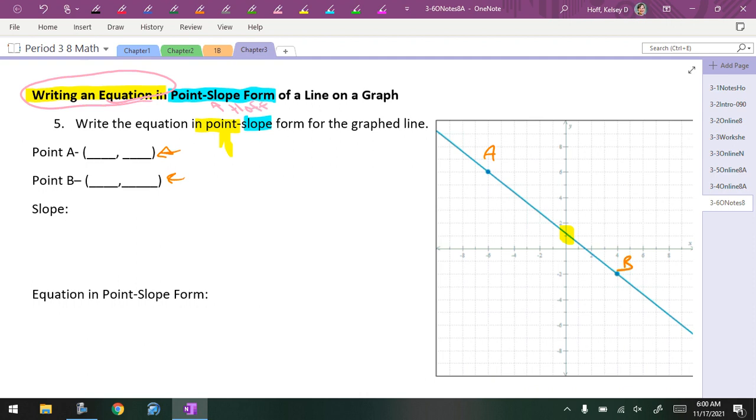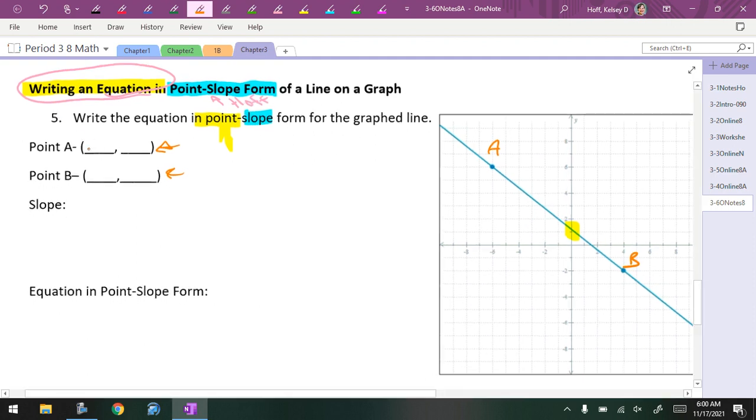All right, point A would be located at negative, whoopsies, negative 6, 6, and point B would be located at 4, negative 2.